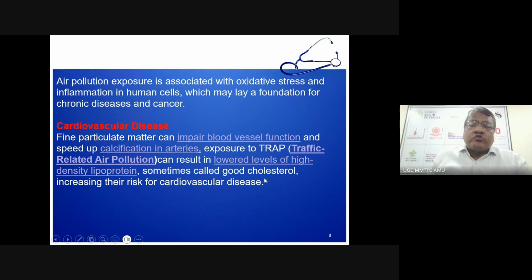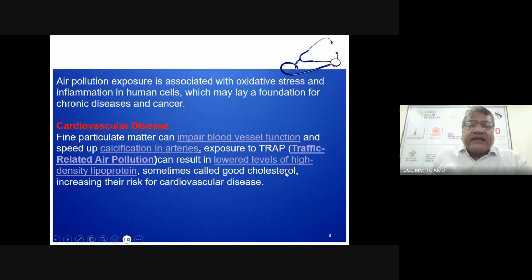So exposure to traffic related air pollution can result in lower levels of high density lipoprotein. This is the lipoprotein of the useful kind. This is considered the better lipoprotein. So what does TRAP do? The TRAP is lowering the level of the high density lipoprotein, sometimes called the good cholesterol.